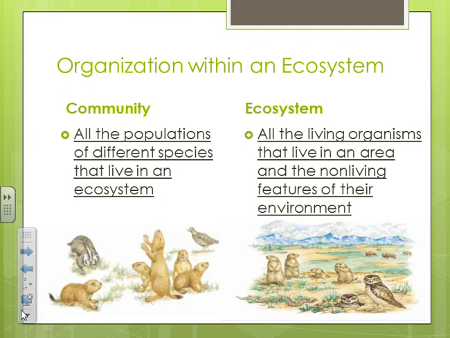Gophers. I like that. Let's go with that. Prairie dogs. Okay. So all the populations of the different species. Here you've got your prairie dogs. Here you've got your quails. Here you've got your badgers. So all the populations of different species that live in an ecosystem, that is what we call a community.